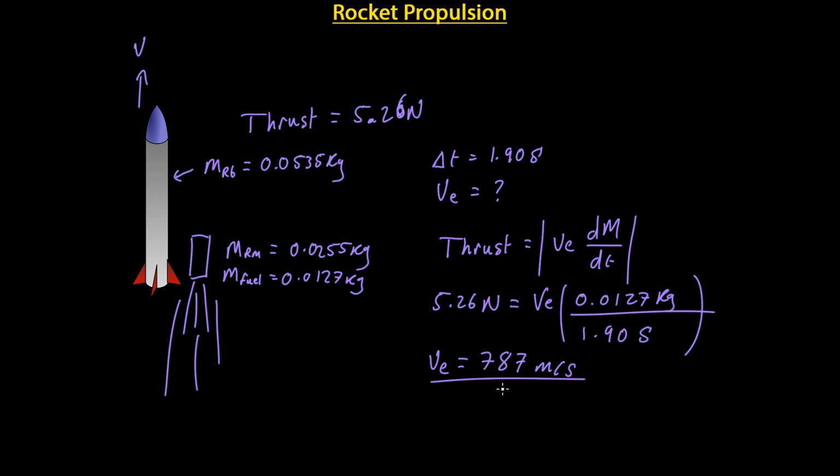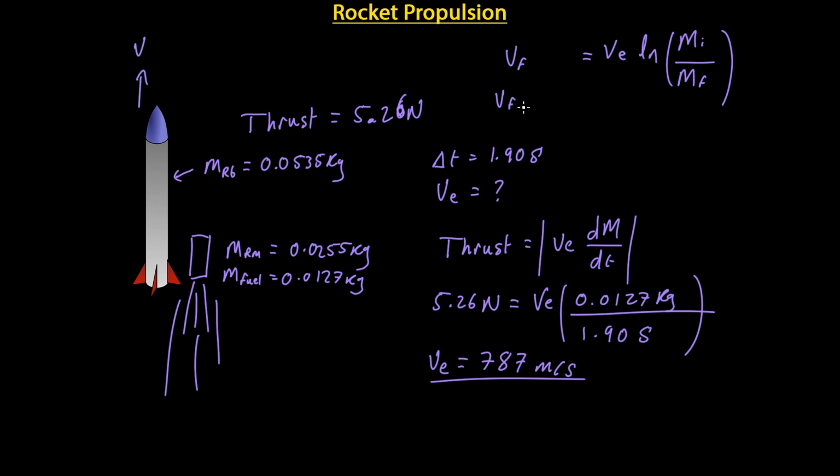So we need to use this equation first of all, so the final velocity of the rocket minus the initial velocity of the rocket, and the initial velocity here we're going to assume to be 0 meters per second, is equal to the exhaust velocity multiplied by the natural logarithm of the initial mass of the rocket plus the fuel divided by the final mass of the rocket. We need to work out what the initial and final masses are going to be. We've got all this information here to work it out. So because the initial velocity is 0, we can remove that from this equation here.